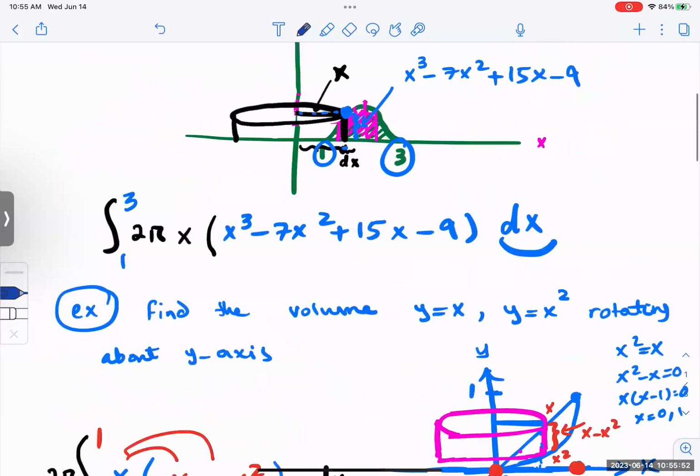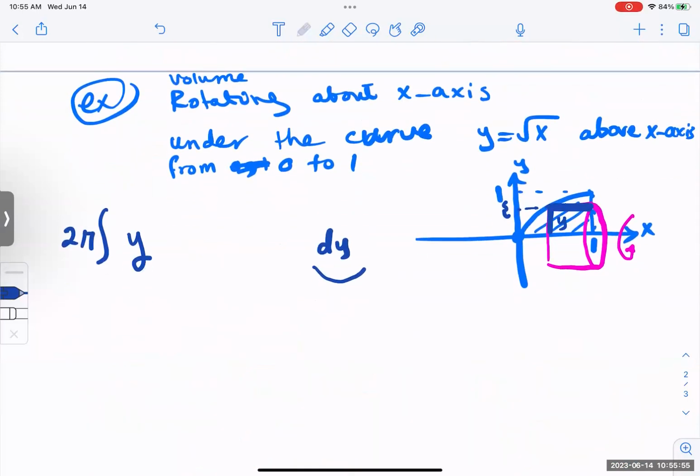Now we need to think of height. Height is this distance here. So what is this distance? Now you tell me, what is this distance? And remember that the height that I'm writing here has to be in terms of y. So what is that measure? This is the line of 1. Tell me, what is this height?